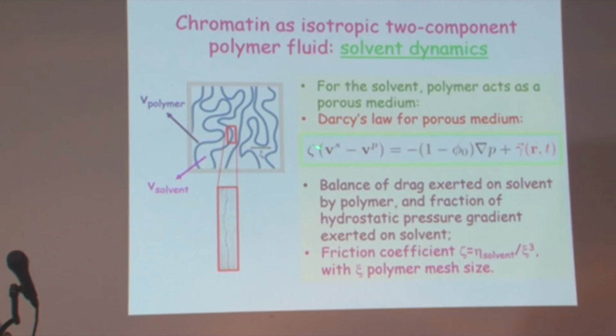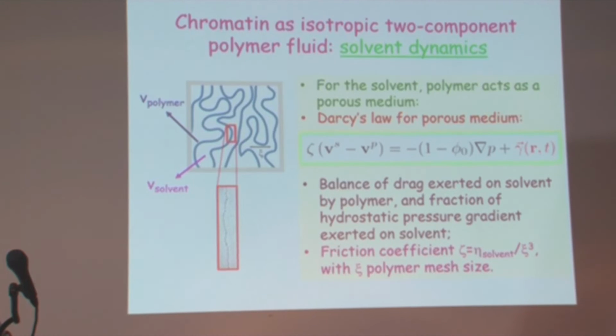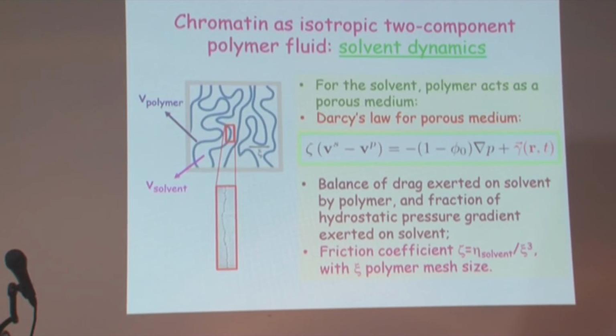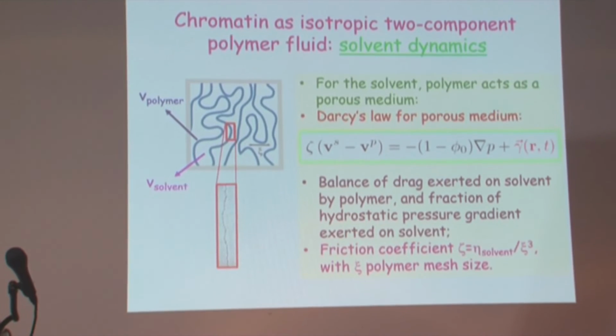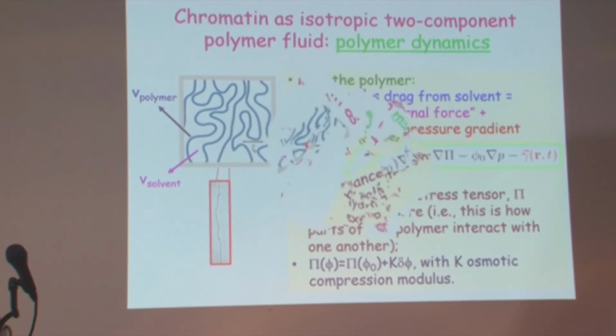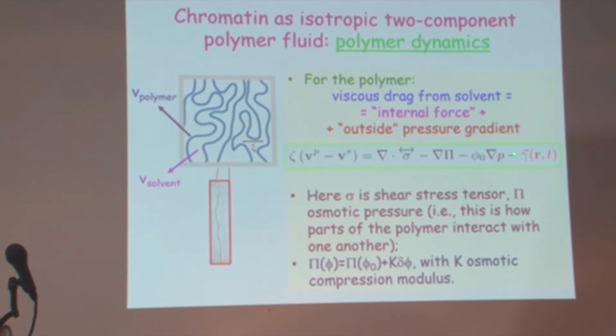So what this equation means is basically the force balance of the solvent. And there is a possibility that there is an extra force which acts on the solvent from some active source. The only rule is that there is the same force with the opposite sign acting on the polymer.